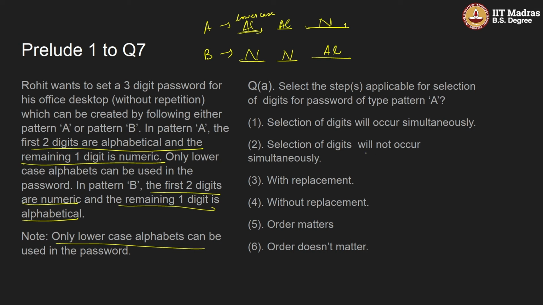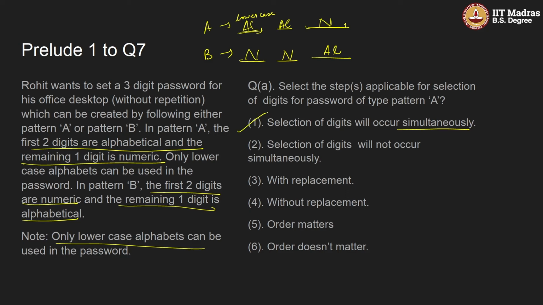Here we are considering the digits are being selected simultaneously. That is, when Rohit is creating his password, he is choosing all the digits, whether they are letters or numbers, for the password at the same time rather than sequentially. That is, the choices for each part of the password are considered in combination rather than one after the other. So option 1 is correct.